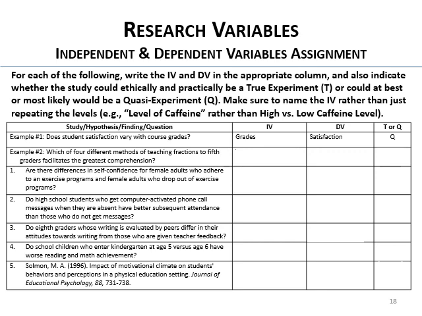So example 2, we're going to do DV first this time. Which of the 4 different methods of teaching fractions to 5th graders facilitates the greatest comprehension? Okay, so what are we measuring here because we think it's affected by the other variable? Well, we're measuring comprehension, right, for fractions apparently. Sounds boring. And so our dependent variable here is comprehension for fractions.